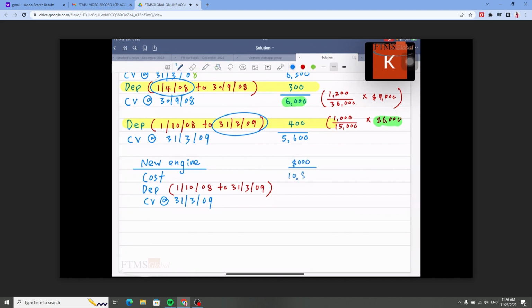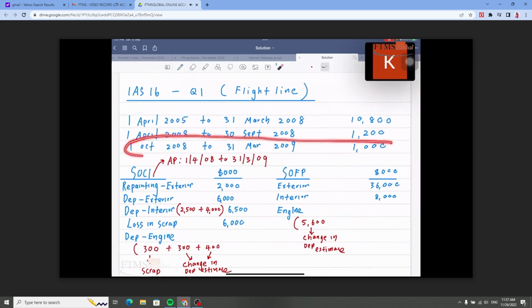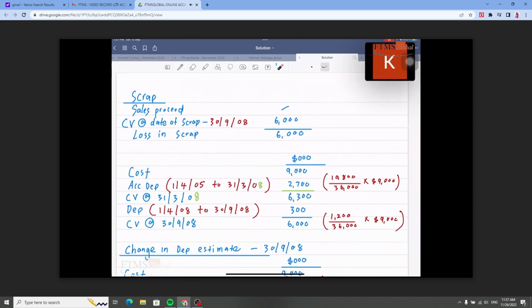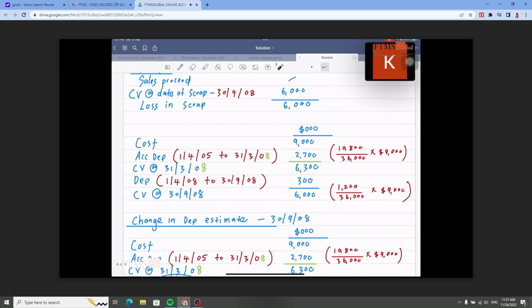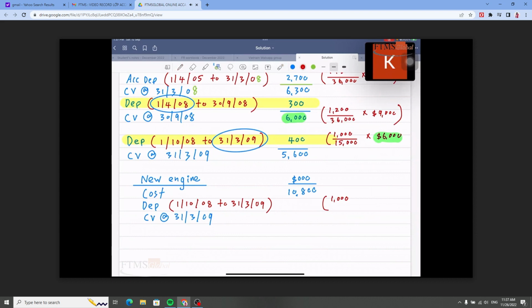Then calculate depreciation. 1st October 08 to 31st March 09 is this one, right? 1,000 hours. 1,000 divided by the total machine hours. So the new engine total hours is 36,000.